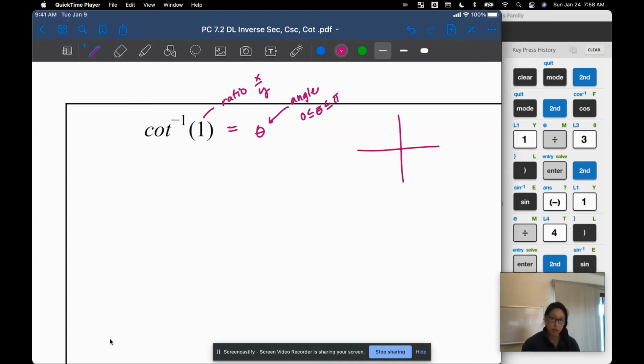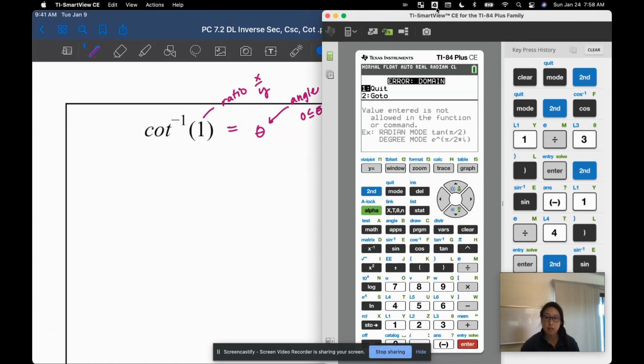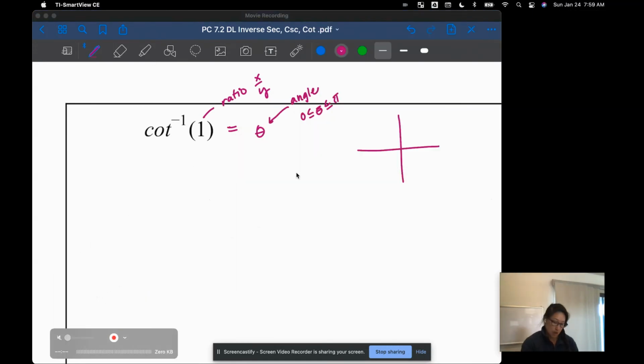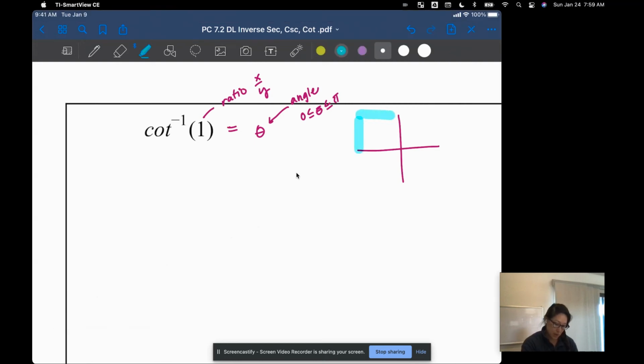So what that looks like is we end up with an angle either in the first or the second quadrant. The ratio is positive, so it's going to be in the first quadrant. So I'll go ahead and just sketch in a triangle.